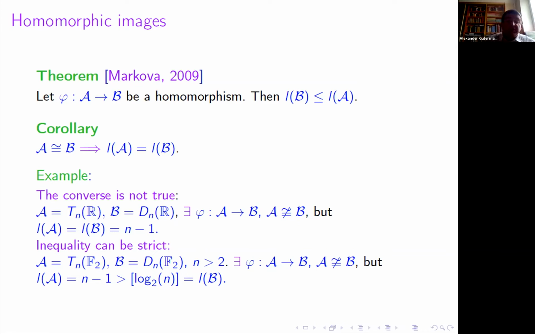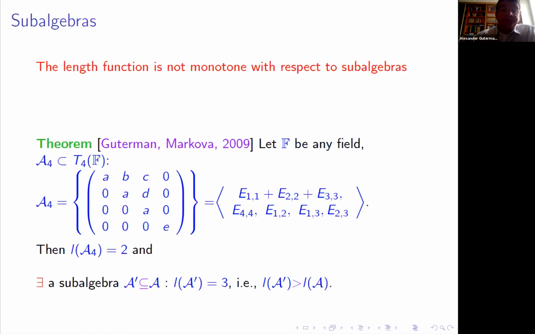And on the other side, this inequality between the length of a homomorphic image and the length of the original algebra could be really strict. Say, if you have diagonal matrices over a small field, then this is a case where you have a clear homomorphism from triangular to diagonal, but a strict inequality for length.